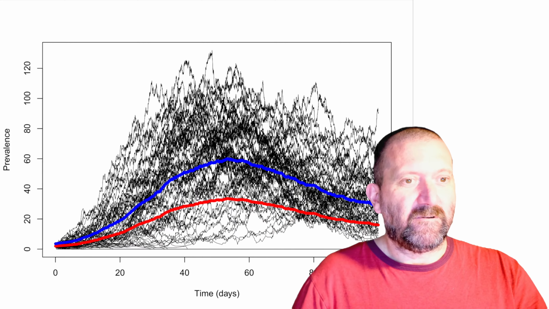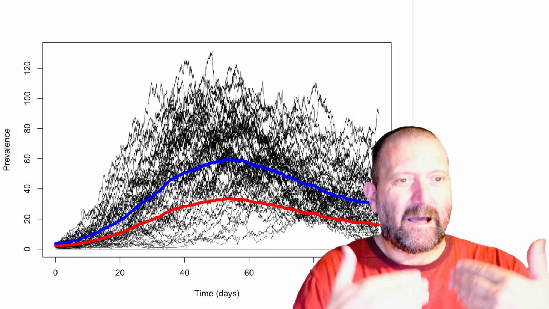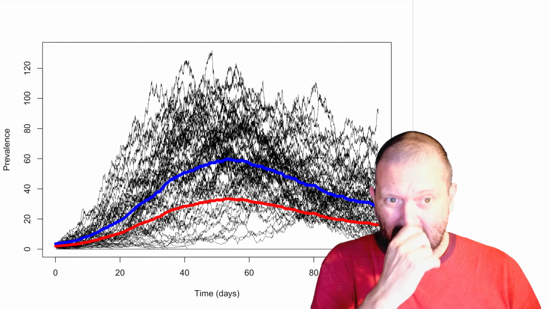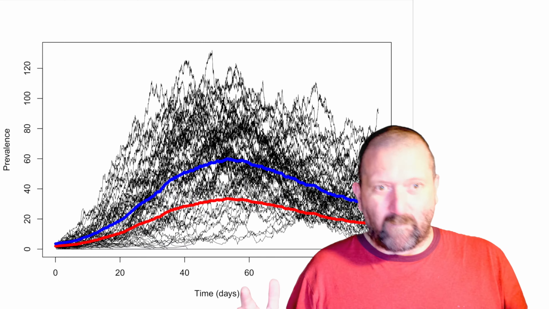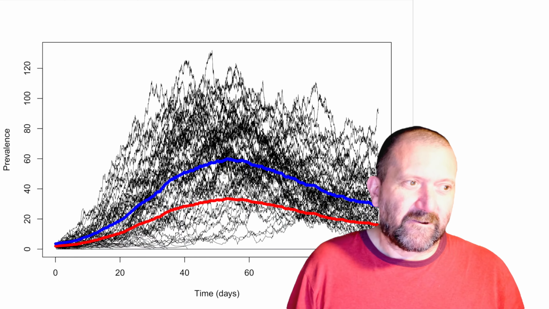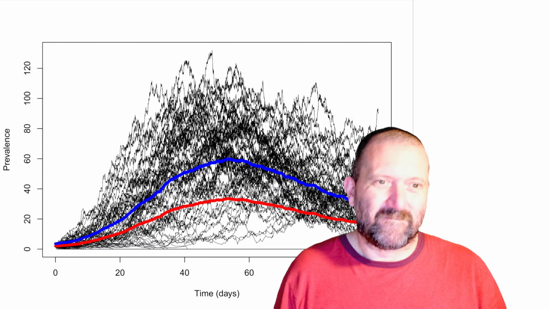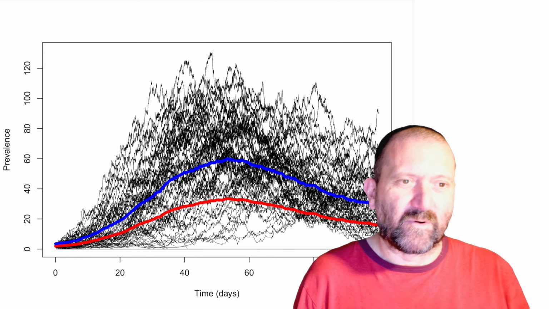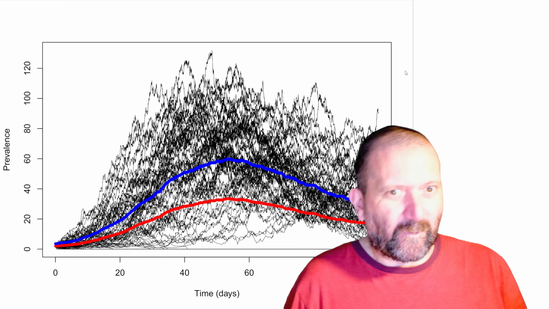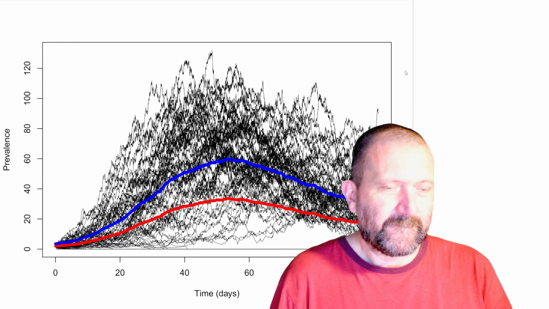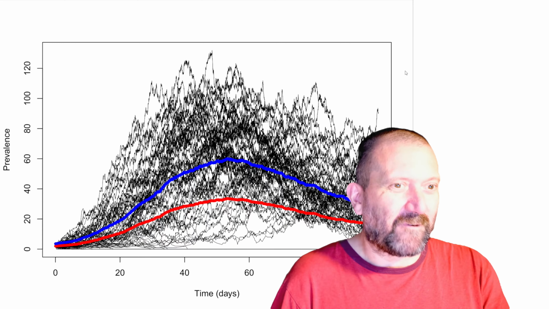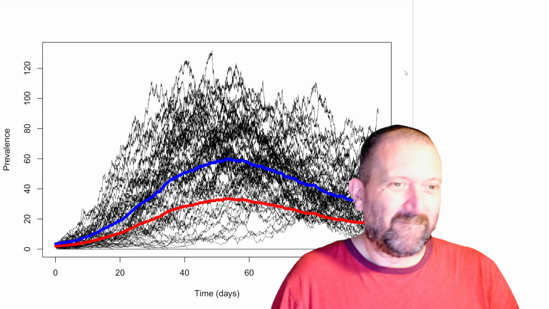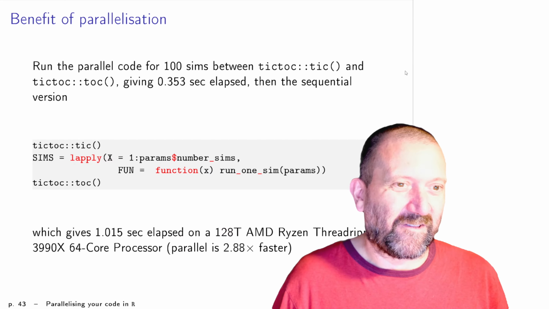And once it's at 0, it's finished, because I'm not adding new cases by immigration into the population. This means that once the disease is done, it's done. And you can see the quite large difference between the mean conditioned on non-extinction, the blue curve, and the mean altogether, which is the red curve. As I said, that's one of the beauties of Markov chains, because that doesn't happen in ODEs.